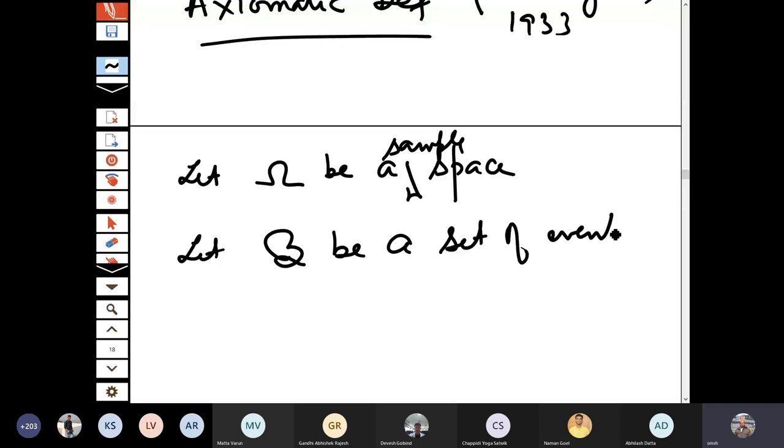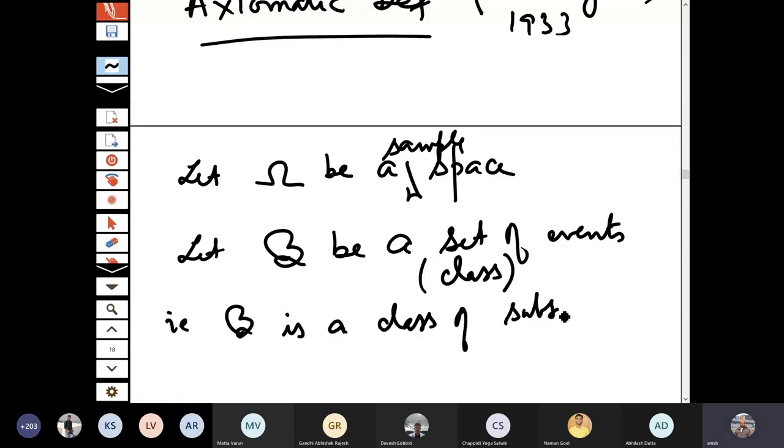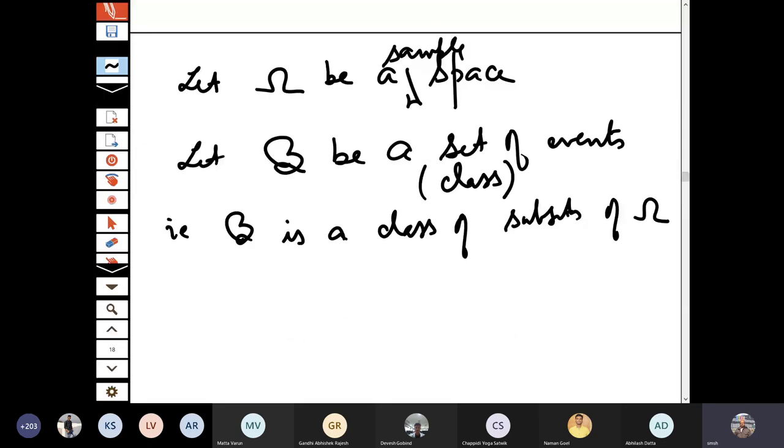Okay, so we will call it a class of events. That is, B is a class of subsets of omega. Because for what purpose will we define the probability? We will define the probability for certain events. So events are subsets of the sample space.